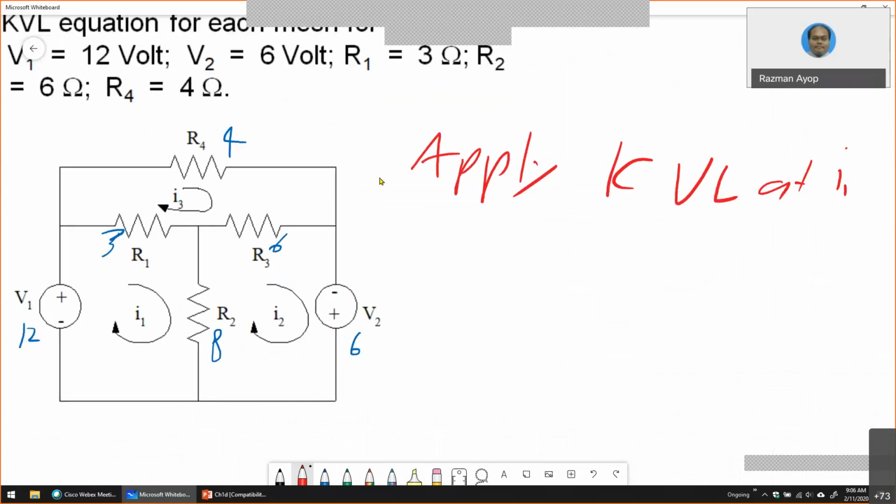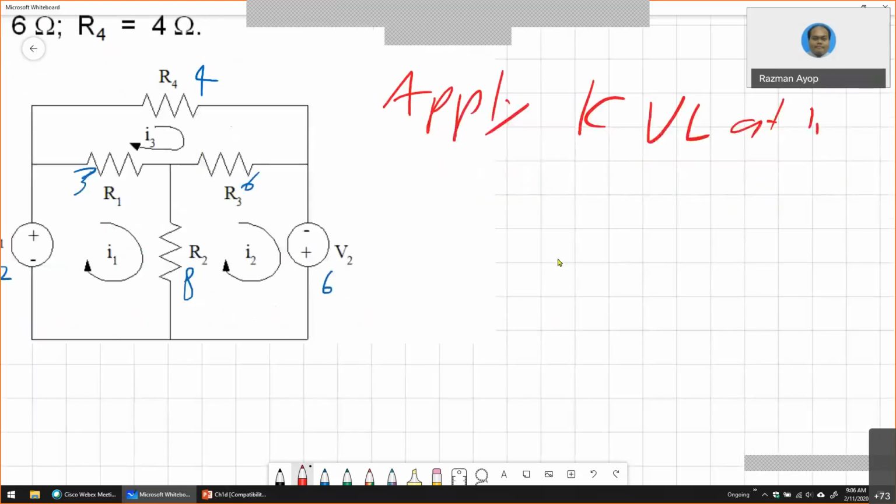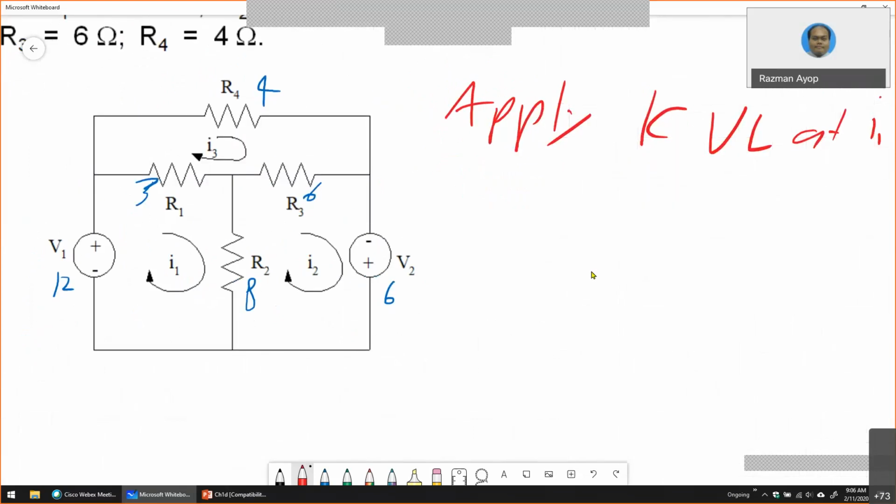The first step usually will be given, but if it's not given in the question, you have to assign it yourself. But if already given, don't assign yourself, just follow the signs given. Then the next step is to apply KVL at the loop.